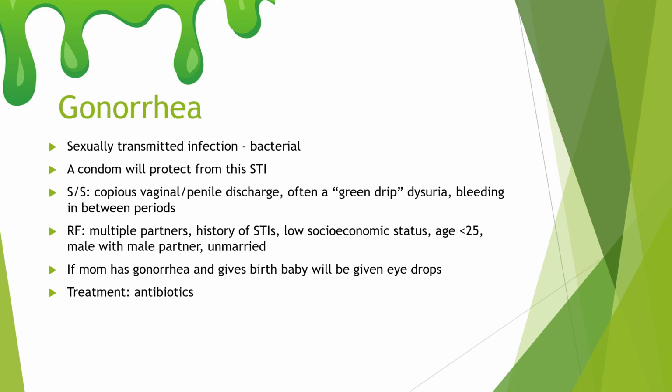Risk factors: multiple partners, a history of STIs, including pelvic inflammatory disease, low socioeconomic status, age less than 25 years, men with men, and unmarried people. If a mom has gonorrhea and gives birth to a baby, the baby's going to be given those erythromycin eye drops. However, typically now they're giving them to all babies anyway. Treatment is going to be antibiotics.